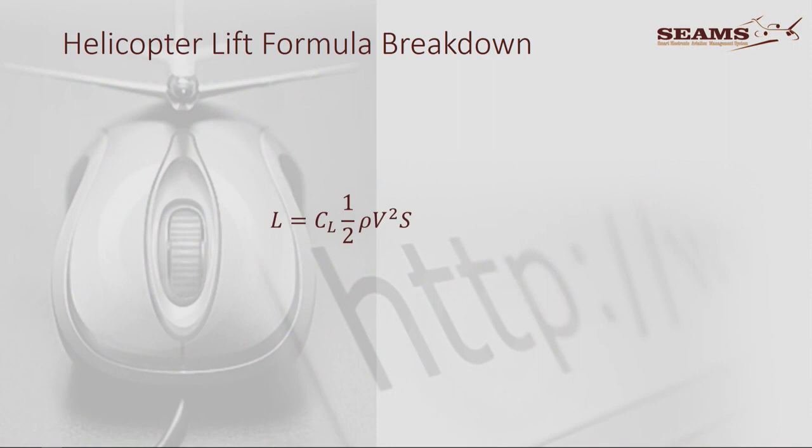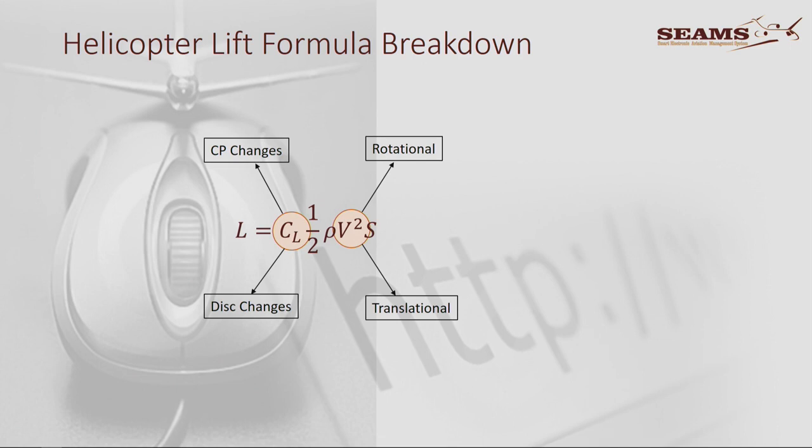First of all, we're looking at the helicopter lift formula, the breakdown. Straightforward: lift equals coefficient of lift, half rho V squared S. And straight away, I'm going to change it slightly by saying, remember that in a fixed wing, the speed is only translational, and then there is an angle of attack.